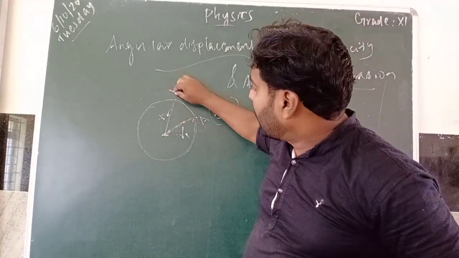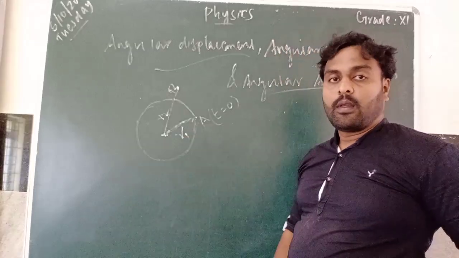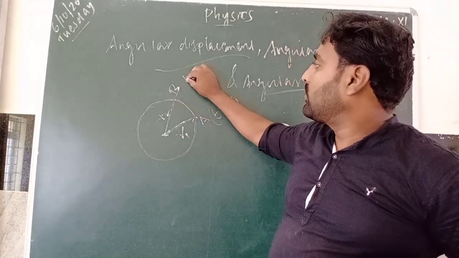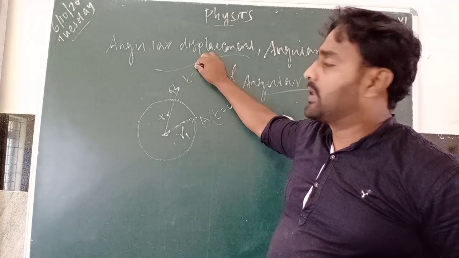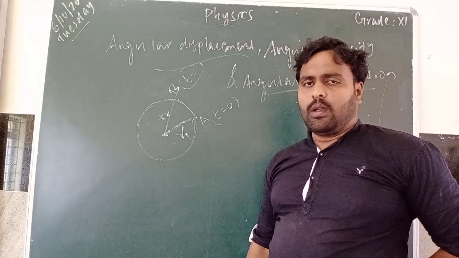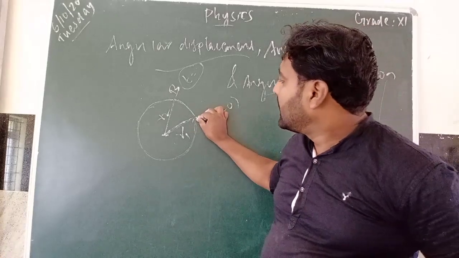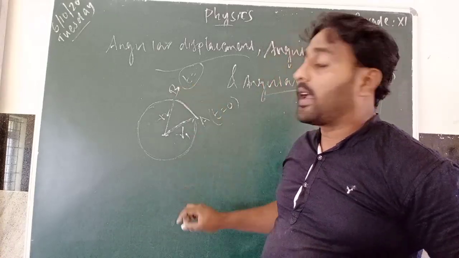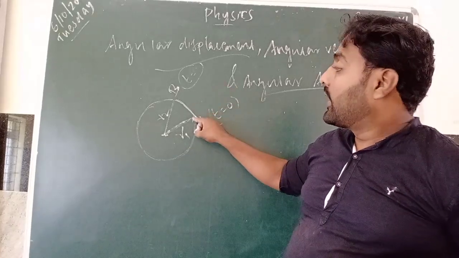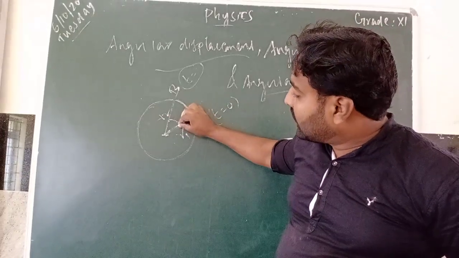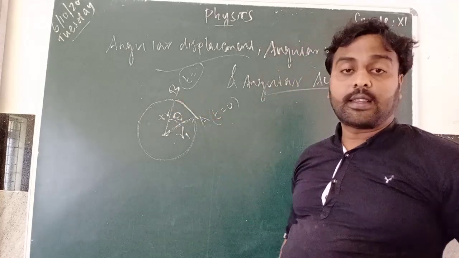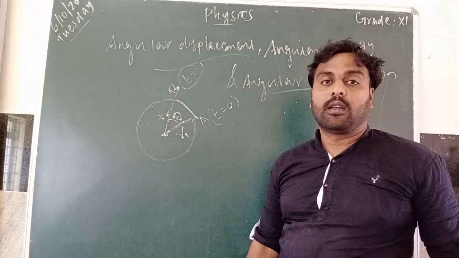Now at the point B, the particle has changed from A to B, and some time t has also passed. So this is what we are saying angular displacement. Here you can see the angle described. Here one angle is produced, this angle theta.